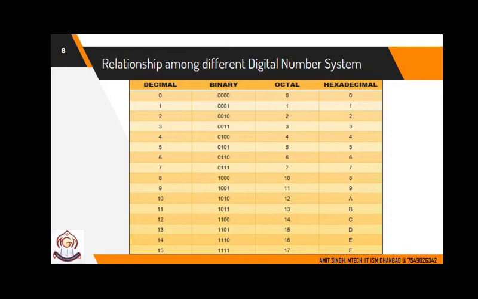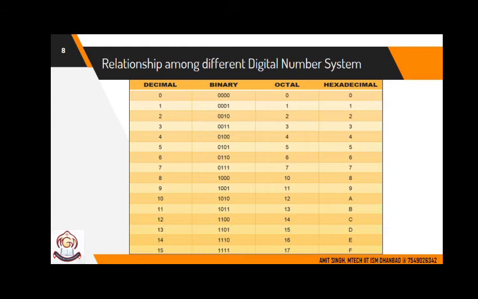Then similar to that in octal number system, 0 is similar to 0, and similarly in hexadecimal number system 0 equals 0. The only difference between decimal, octal and hexadecimal number system is that in decimal number system we are writing 10, and instead of writing 10 in hexadecimal number system we are using A. For 11 it is B, for 12 it is C, for 13 it is D, for 14 it is E, and for 15 it is F.